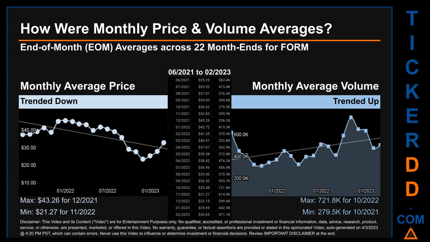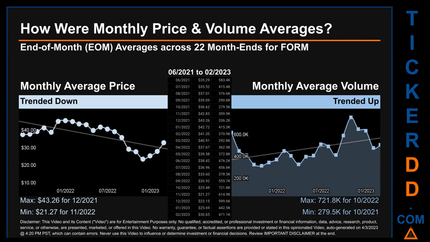How were price and volume averages for FORM? Across 448 trading days, there were a total of 22 month ends, of which monthly averages for daily price and volume were calculated. Overall, monthly price average trended down while monthly volume average trended up.